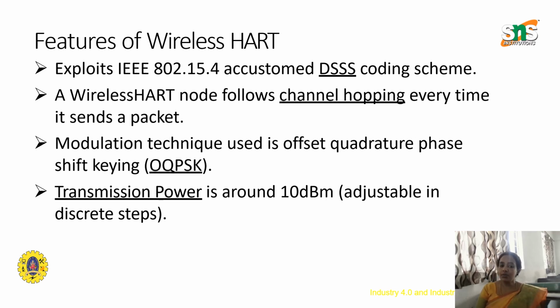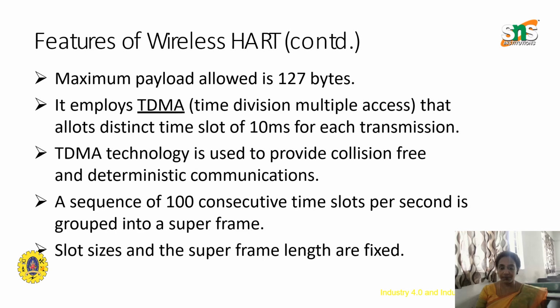So these are the types of errors which usually occur during communication between the input and the output. Modulation techniques used are offset quadrature phase shift keying, OQPSK. So the transmission power is nothing but 10 dBm, adjustable in discrete steps.